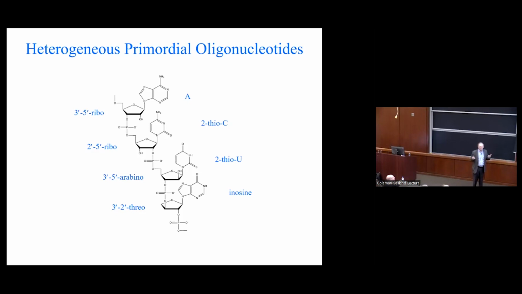And what would that do to this effort to get copying off the ground and in a way that you can inherit information? If you look at the backbone of modern RNA, enzymes make linkages between the 3' hydroxyl and the 5' hydroxyl, putting a phosphate on the 5' hydroxyl. That's 3',5' linkages. But if you do it without enzymes, it turns out that the 2' hydroxyl is more reactive.